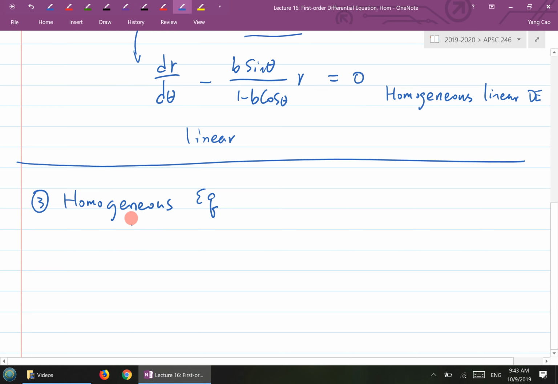So what's homogeneous equation? Here is the definition. Let's say you have a first order differential equation at here. Okay?